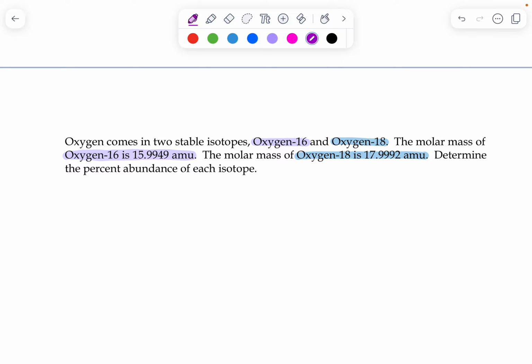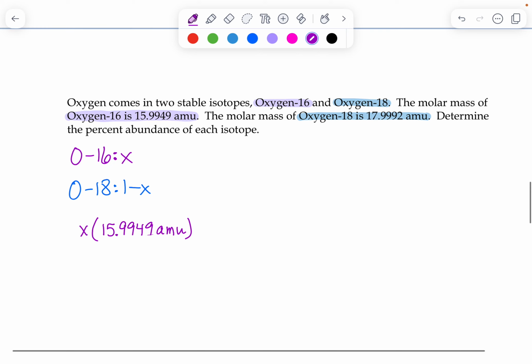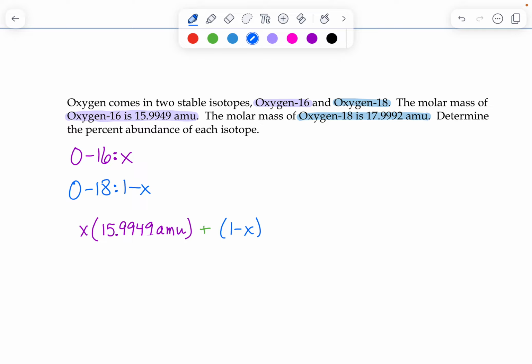So I'm going to do a percent times the mass that goes with it. I'm going to add that to my leftover percentage times my leftover mass.